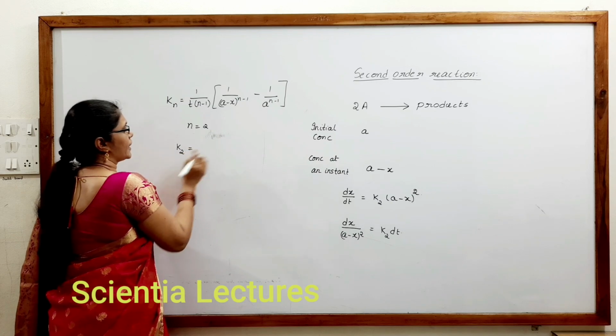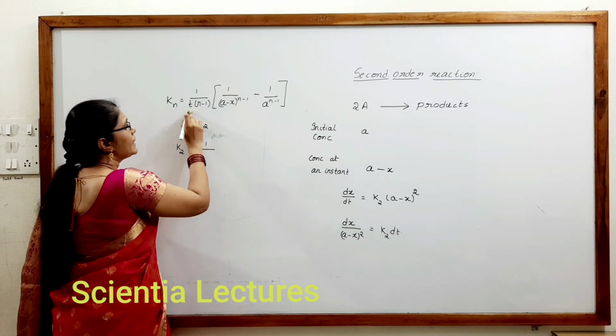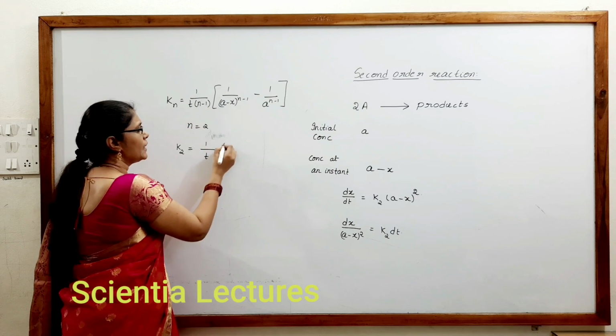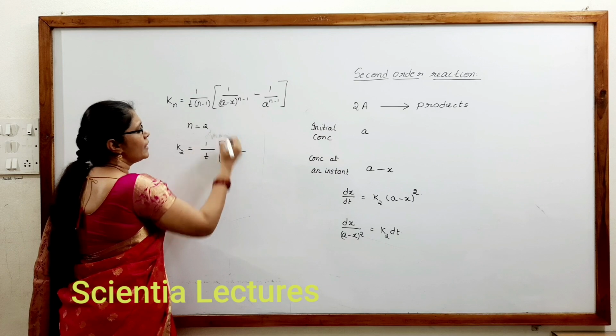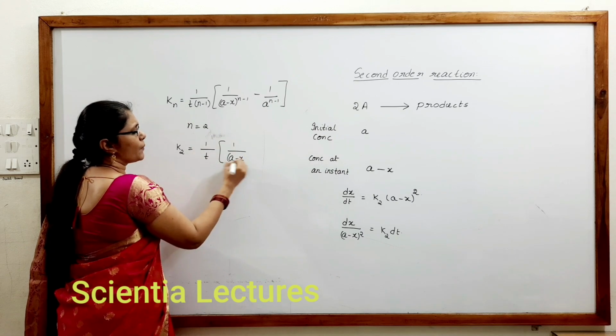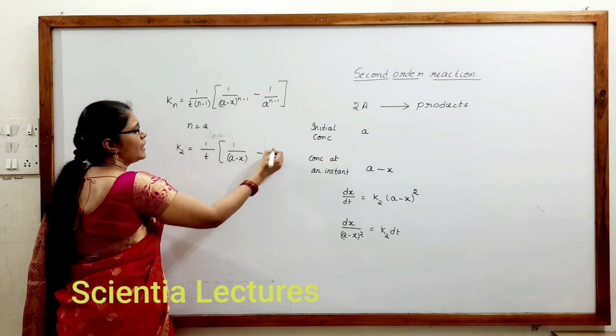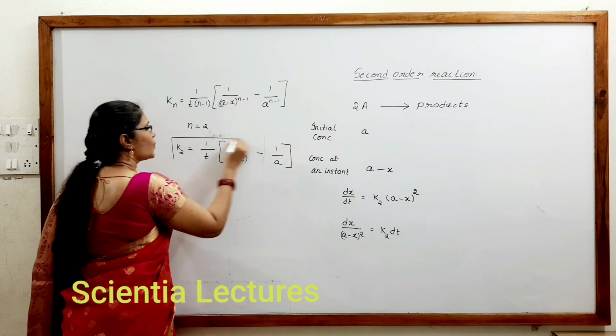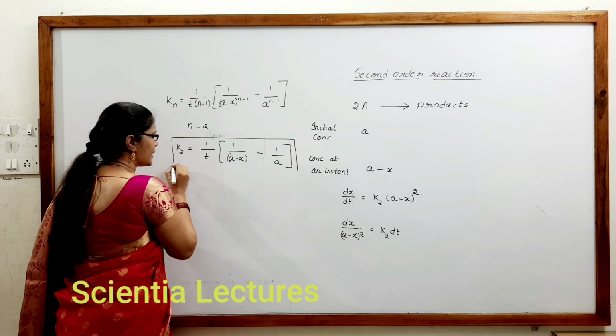If you keep n equal to 2, what will we get? Rate constant of second order reaction is 1 by t into (2 minus 1). What is 2 minus 1? 1. So 1 by t into [1 by (A minus X) to the power of 2 minus 1 minus 1 by A]. This is the rate equation of second order reaction.